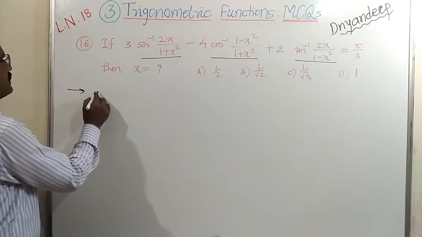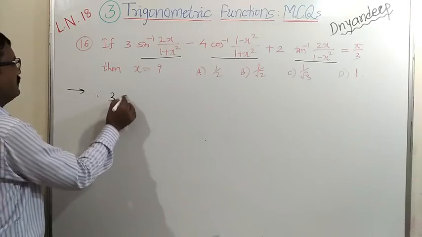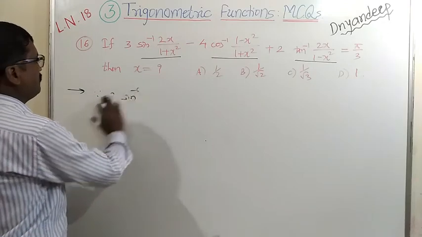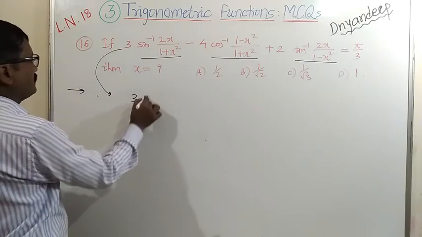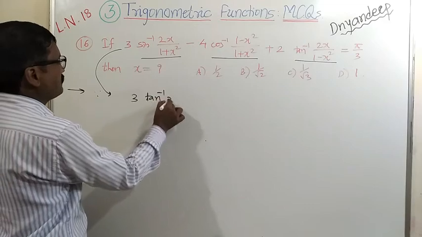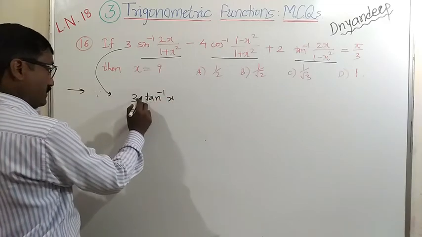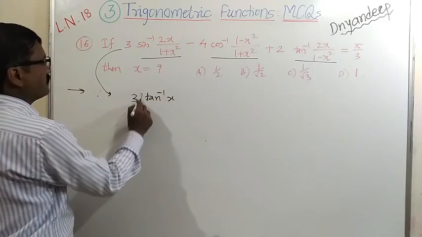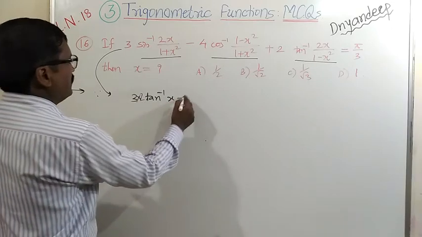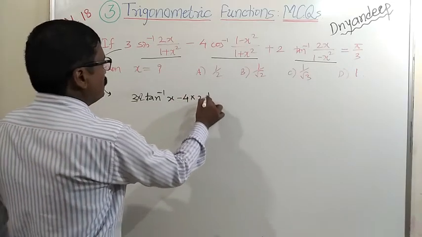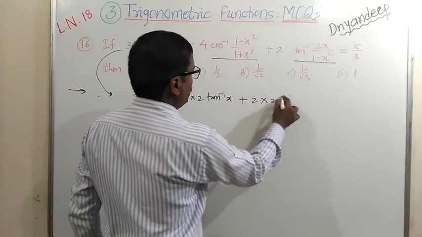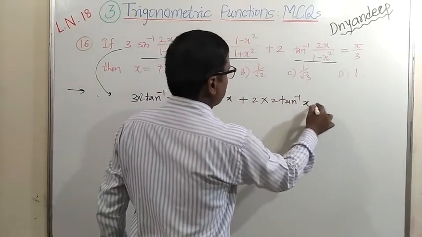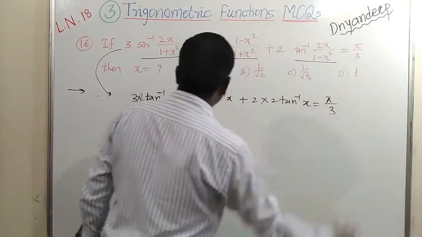So here, I will write directly, from this we get 3 times 2 tan inverse x minus 4 into 2 tan inverse x plus 2 into 2 tan inverse x, and it is given equal to pi by 3.